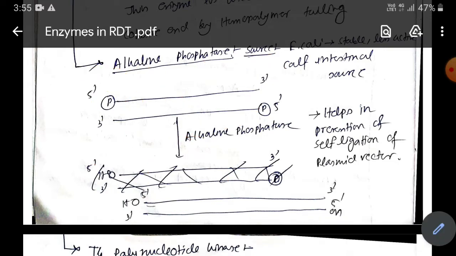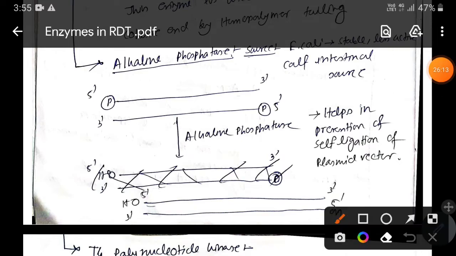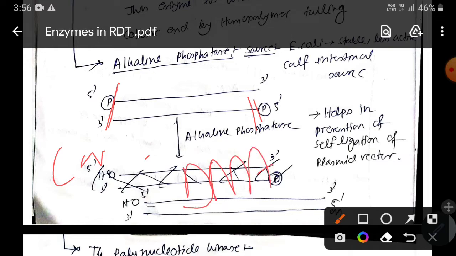But if you cleave the 5' phosphate group of the plasmid, can it self ligate? Yes or no? No, because as it does not have a phosphate group, there will be no phosphodiester bond formation with the help of DNA ligase, right? Remember one thing, DNA ligase joins nucleotides by simply forming a phosphodiester bond between them.